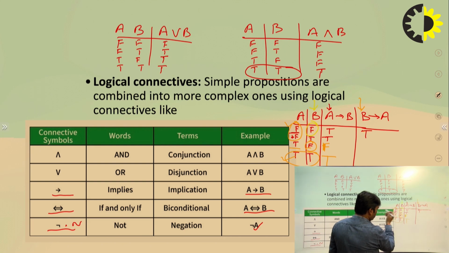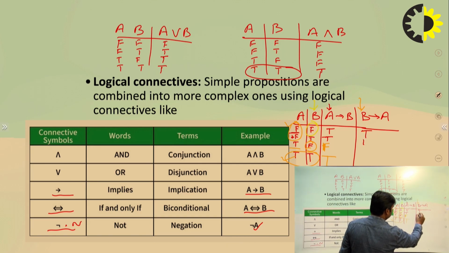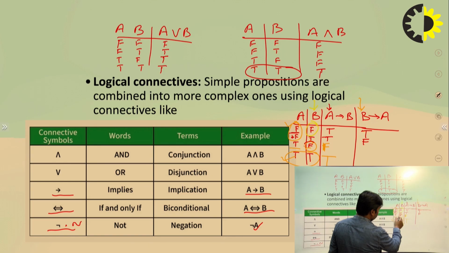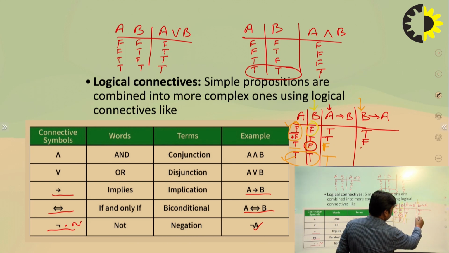The value of A is false, then the output will be false, because the condition is that the first symbol should be false or both symbols should be true.